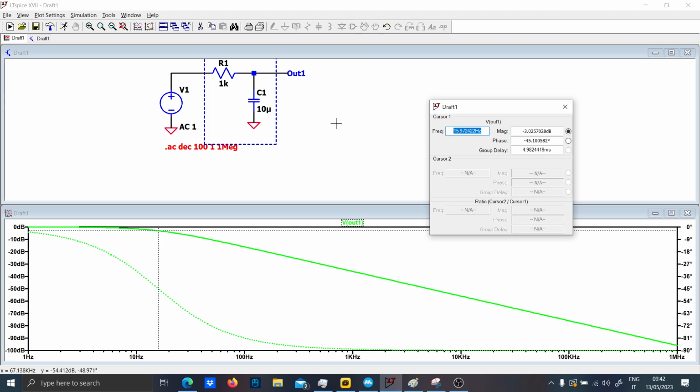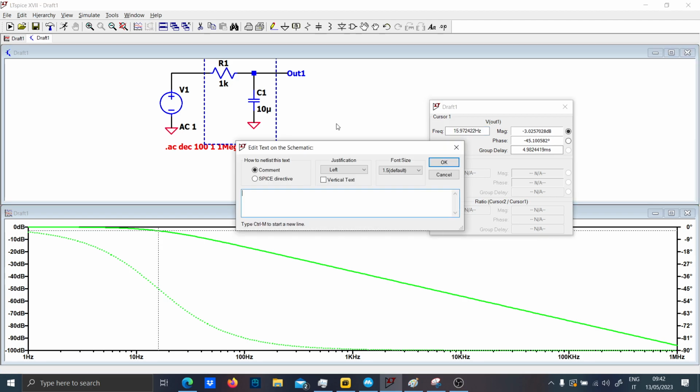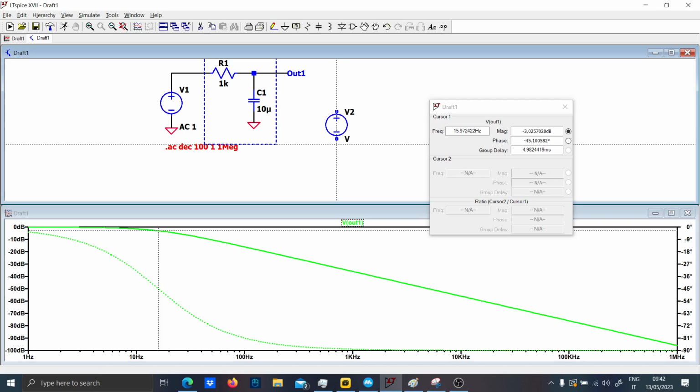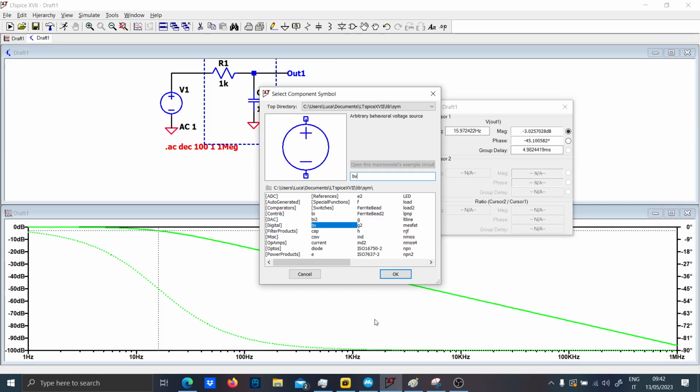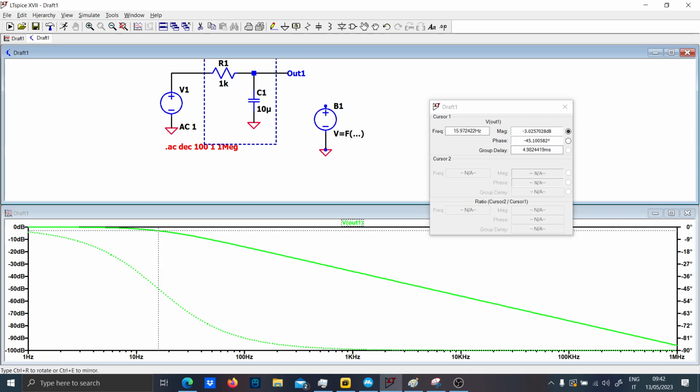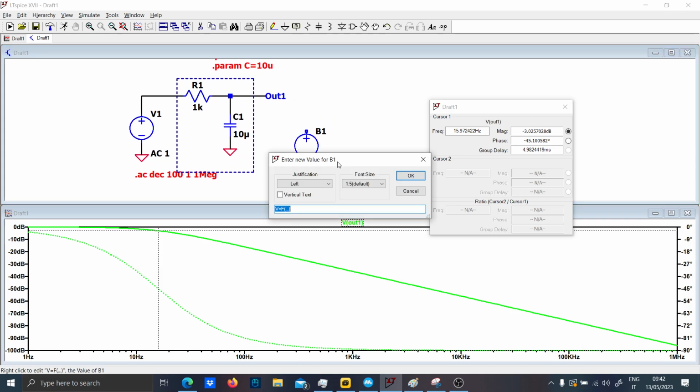Well, just do the formula, 1 over 2 pi times R times C. If you are too lazy to open MATLAB or Excel, you can just write here V equal to 1 over 2 times 3.14 times R times C.